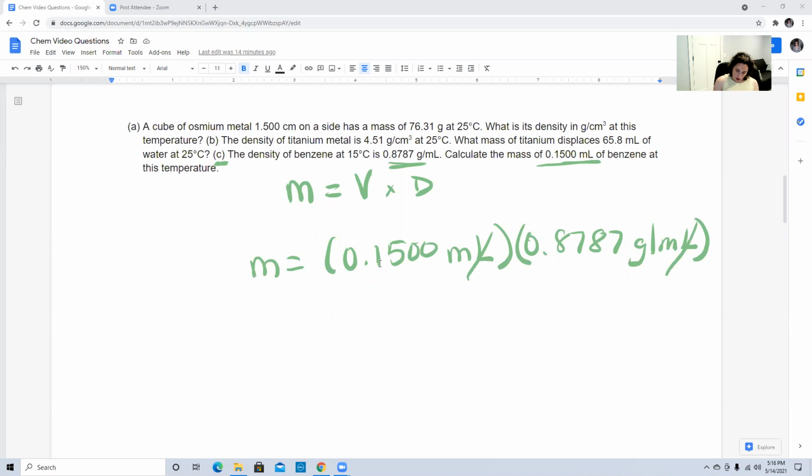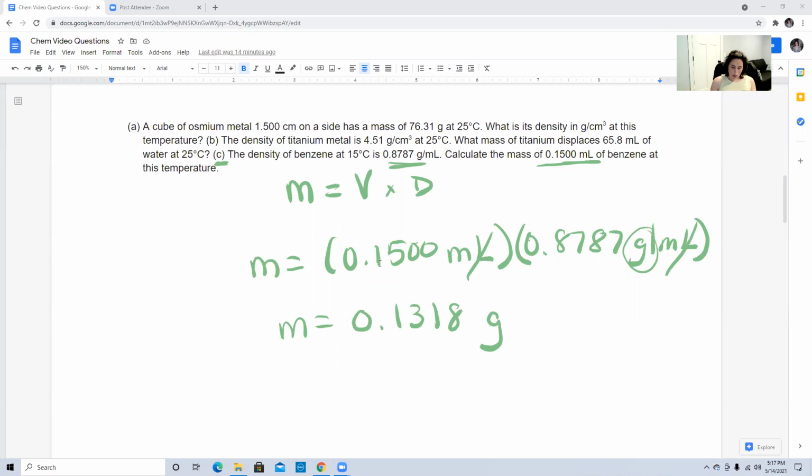So milliliters cancels out. I have grams, and go to the calculator. 0.15 times 0.8787, 4 sig figs will be 0.1318 grams. There you have it.